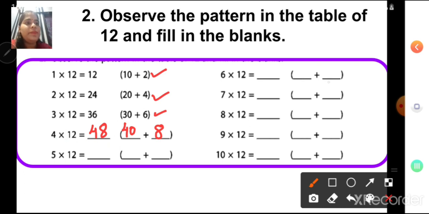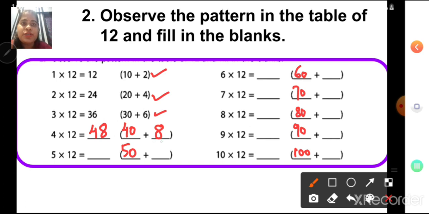Now we are going to complete all the blanks and we are going to find the answer. So first let us finish this part. Okay, 30, 40, 50, 60, 70, 80, 90, 100. Okay, then we are going to increase by 2.